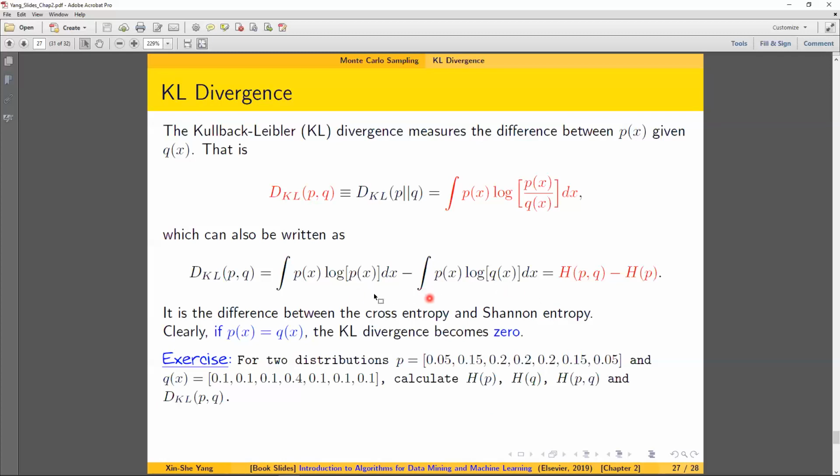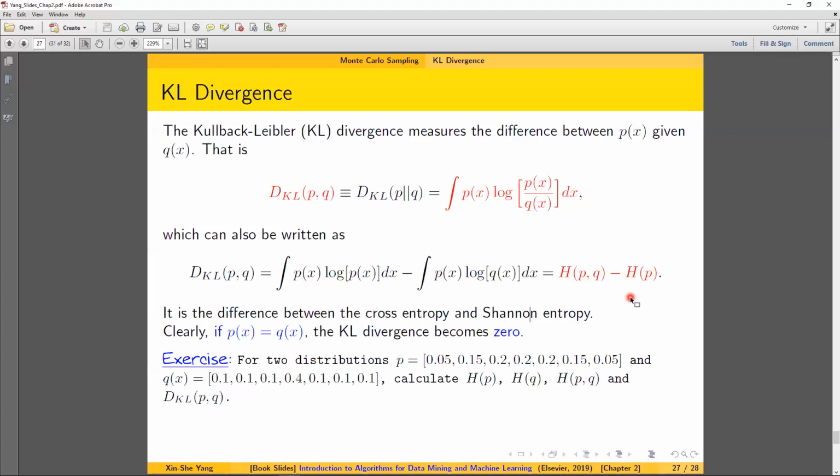And then what is this other term? It's missing a negative sign. Once you have the negative sign, it's H(P). So this whole relationship is H(P,Q) minus H(P). It is indeed the difference between the cross entropy and Shannon entropy. Clearly, if P(x) equals Q(x), the KL divergence becomes 0.